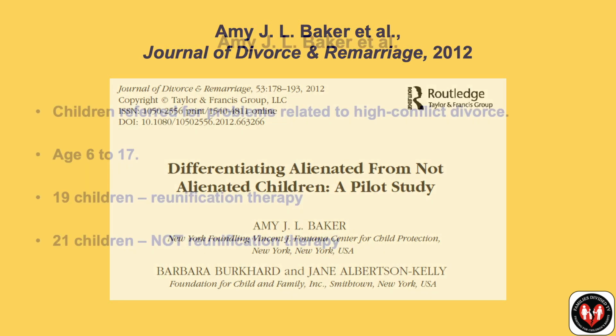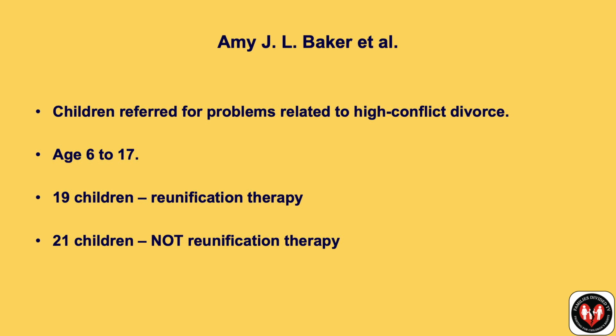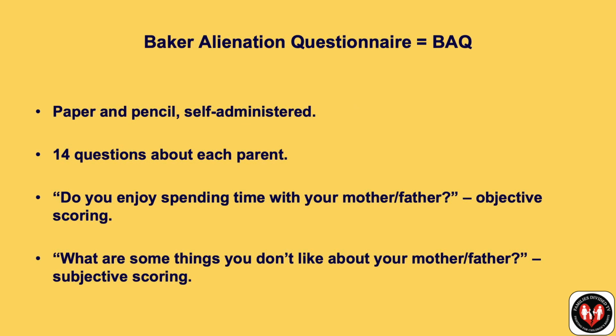And they had 2 groups of children. They were all being seen in the same clinic, but some groups were being seen for reunification because they were experiencing alienation. And some of the children were being seen just because of difficulties with their parental divorce, but they were not alienated. And it's a kind of simple test. It's paper and pencil. The child fills out a small number of questions, 14 questions regarding the mom and the dad.